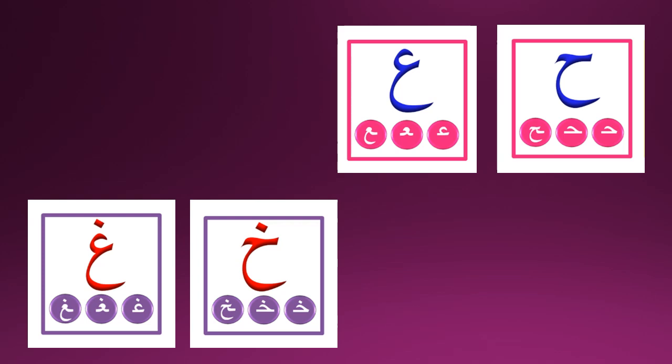But it does not mean that they are same. Look, they are not same. They belong to different families. This is Ha and Kha. These are from the Jim family. And Ain and Ghain is another family. This is the family of Ain.